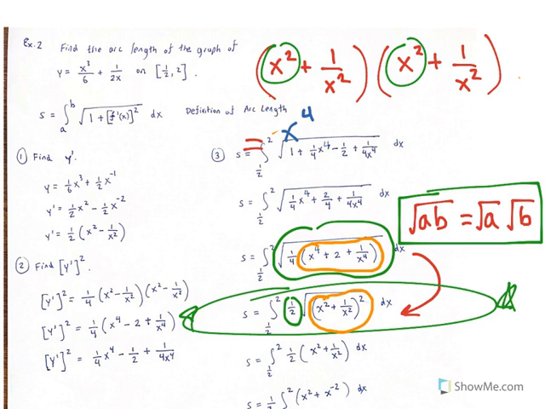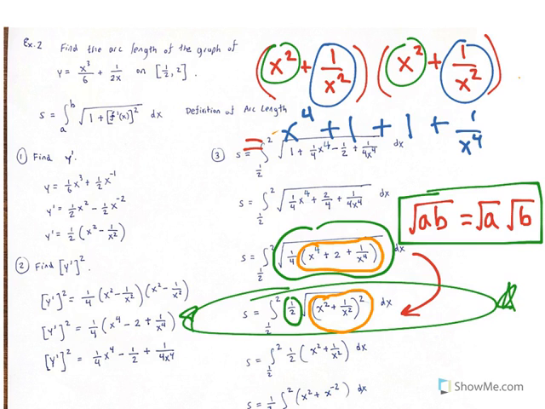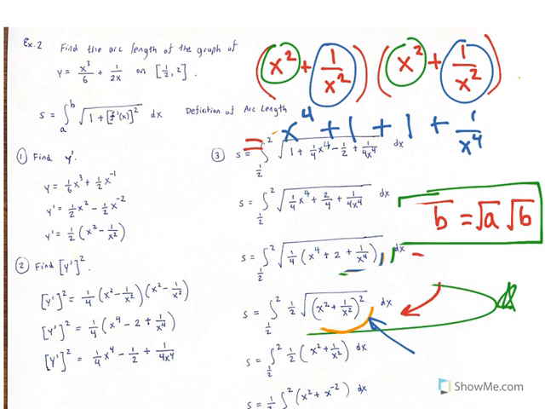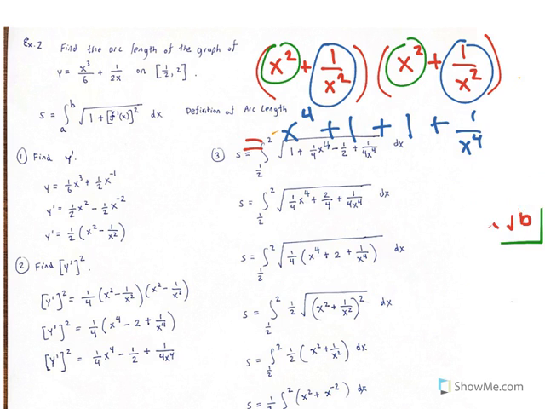Then you have x squared times 1 over x squared, which is 1. Then you have 1 over x squared times x squared, which is 1. And 1 over x squared times 1 over x squared is 1 over x to the 4th. This is just to show you that, in fact, you can factor this trinomial as the square of a binomial. The question is, why would you want to do that? Because look at what we have now.